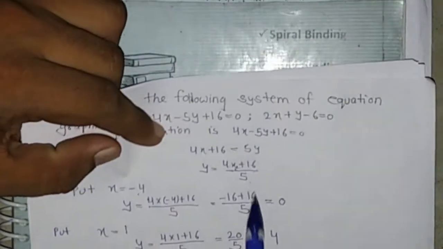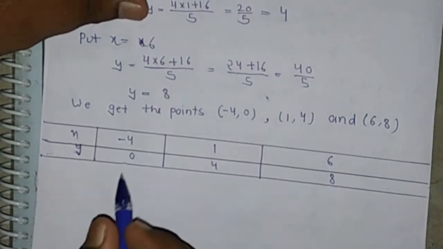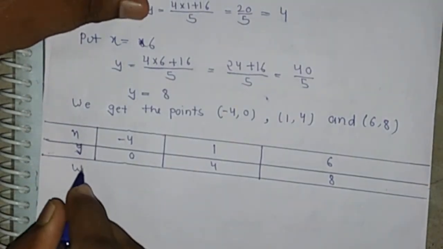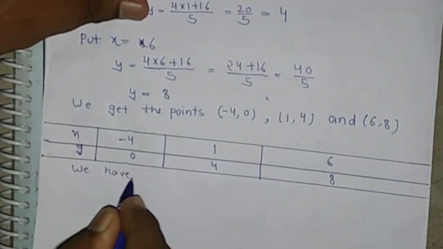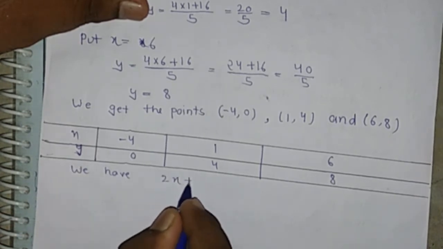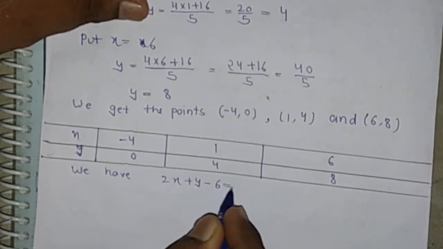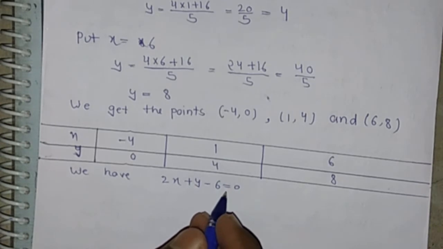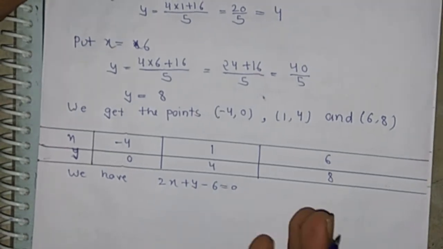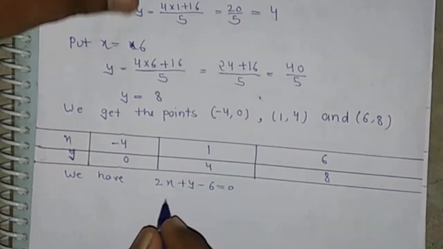Now take the other equation, 2x plus y minus 6 equals 0. Find y in terms of x or x in terms of y.